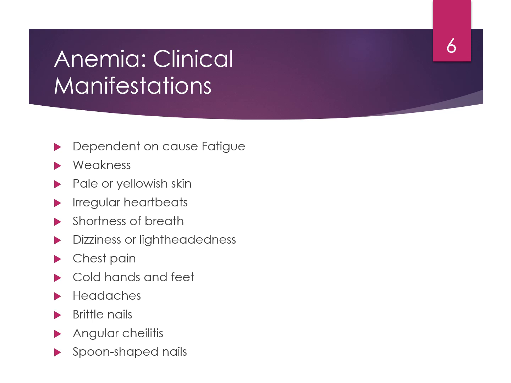So when we're talking about the clinical manifestations, your patients may present with the complaint of weakness, headaches, cold hands and feet, brittle nails, and even angular cheilitis, which is the cracking on the sides of their mouth, and chest pain. These are symptoms that can be common across all the anemias.